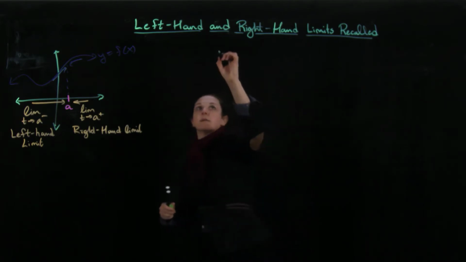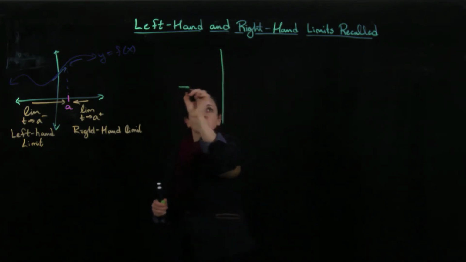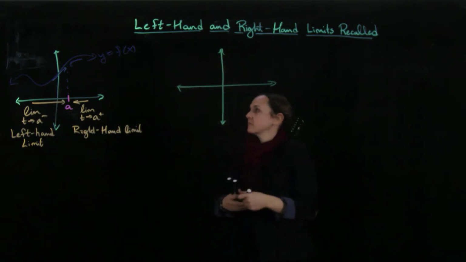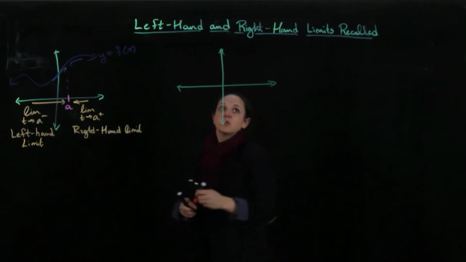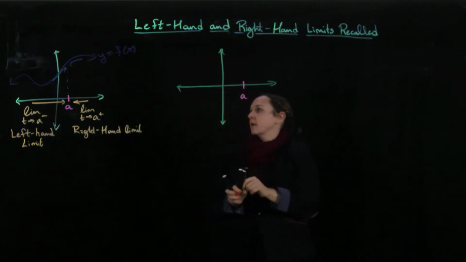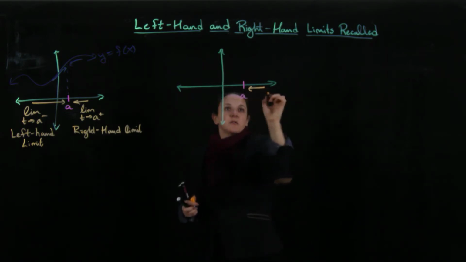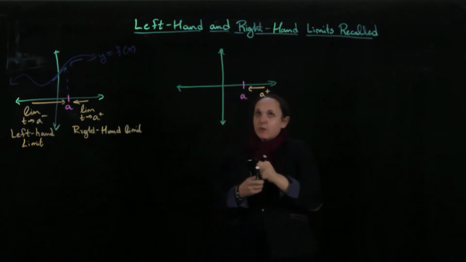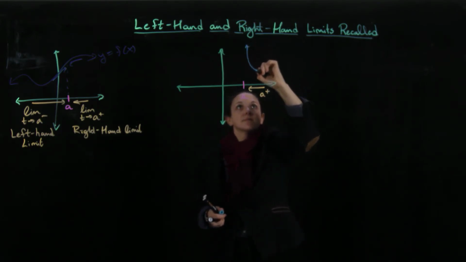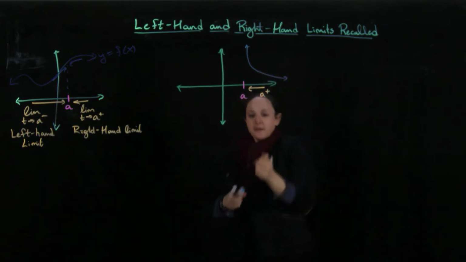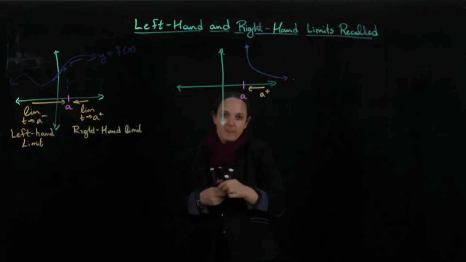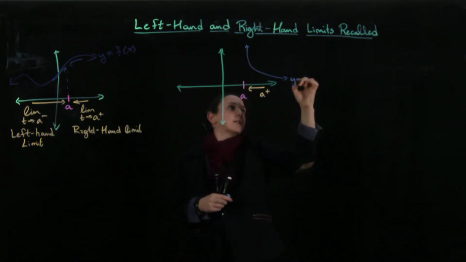So I could have, as I approach a from the right hand side, maybe it's possible that, in this particular circumstance, this is y equals f of x.